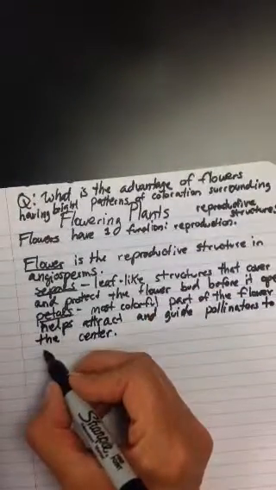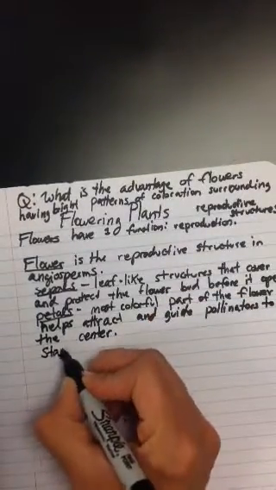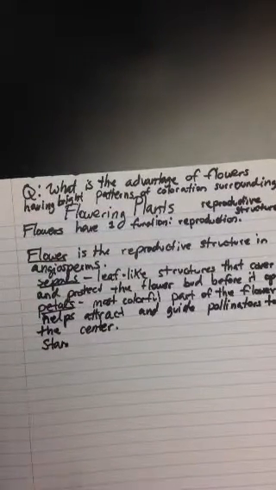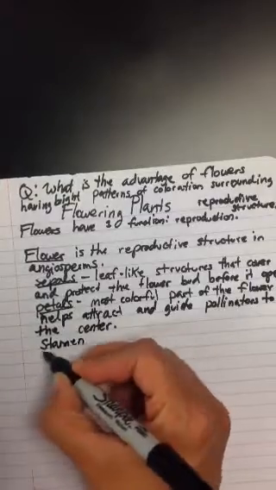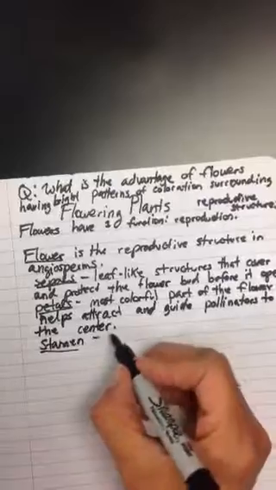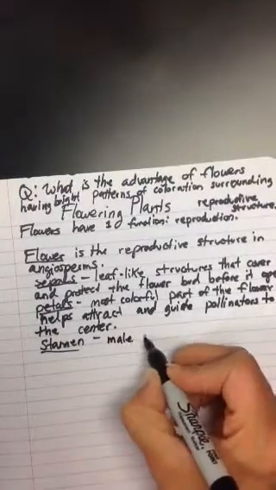Next are the stamen. The stamen is the male reproductive part of the flower. So the flower has both parts.